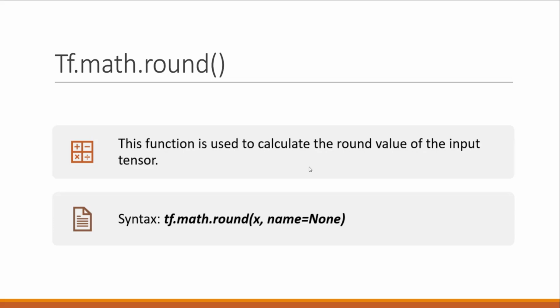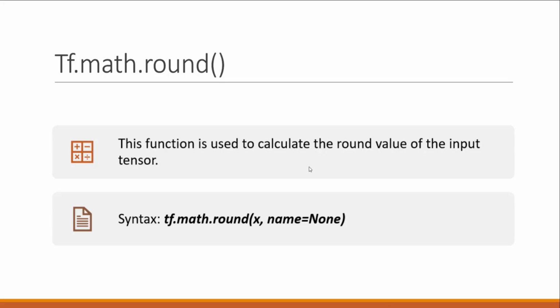For example, suppose you have an input tensor 9.666, and after using the tf.math.round function, it will display the rounded value, that is 10. So here is the syntax of the tf.math.round function, and this function takes only one parameter, the tensor input whose round value is to be generated, and it can be of type tf.Tensor.